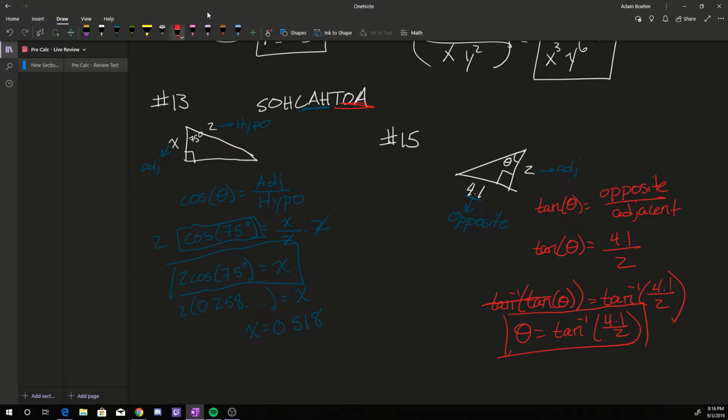If you want to keep going, you do second tangent 4.1 divided by 2, and you get 63 point, we'll call it just 64. So that's the measure of this angle theta. This isn't too difficult if you just remember that inverse tangent undoes tangent and gets theta by itself.